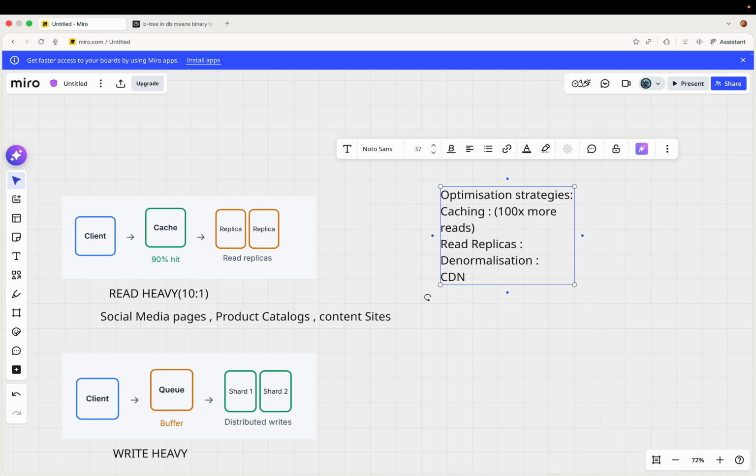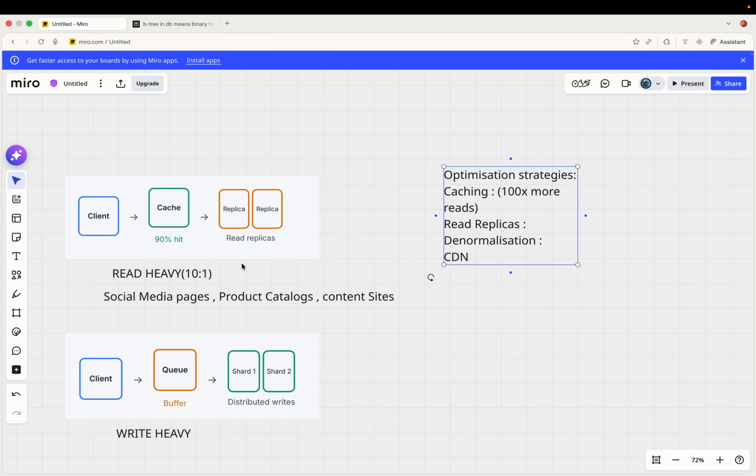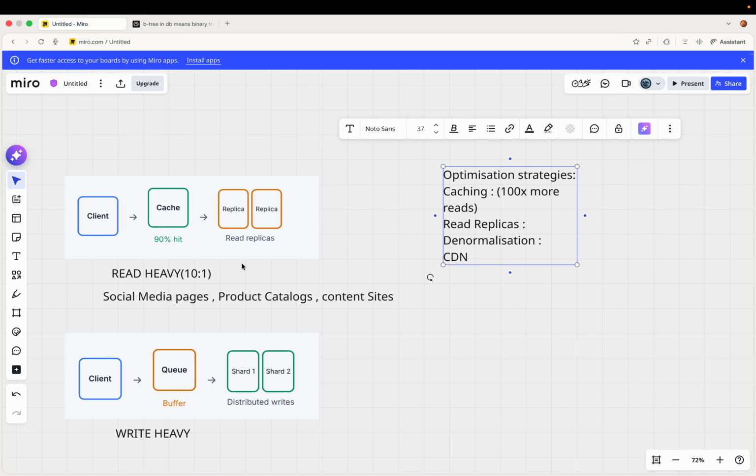I am not sure, but during the Stranger Things season, most of the people will be watching Stranger Things. Those videos are stored there in some encrypted way, and you can read them from there. You can refer to this diagram for how a read heavy system should actually look.